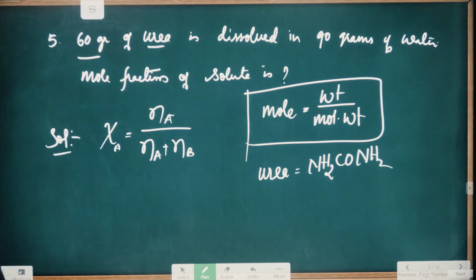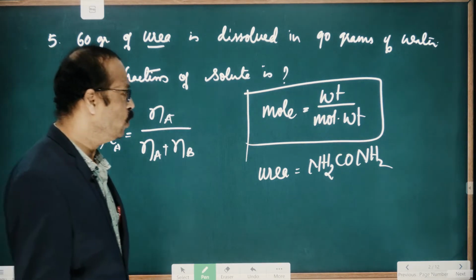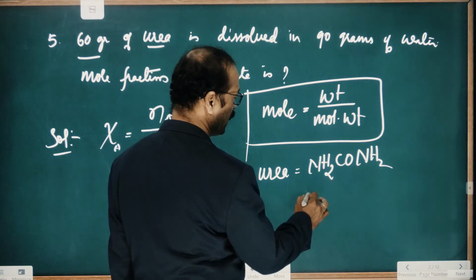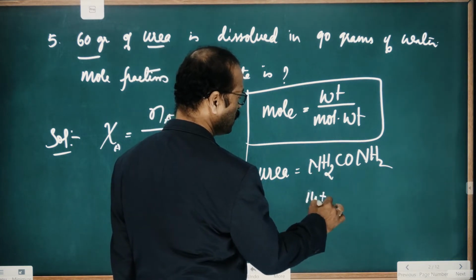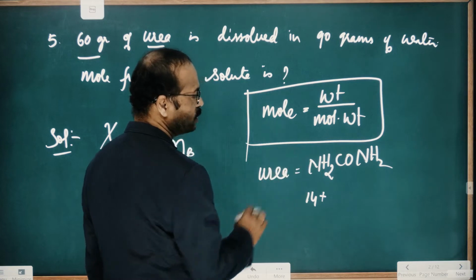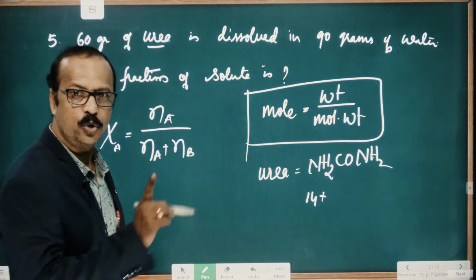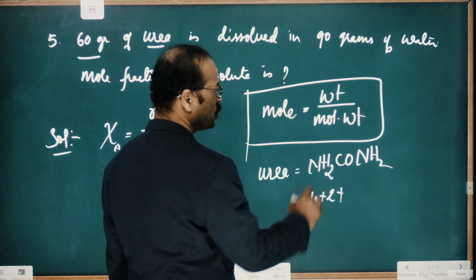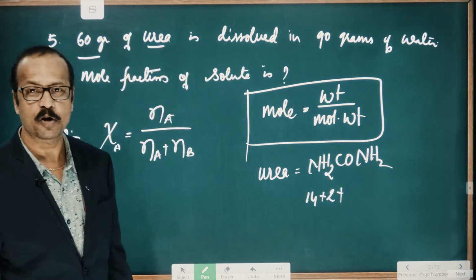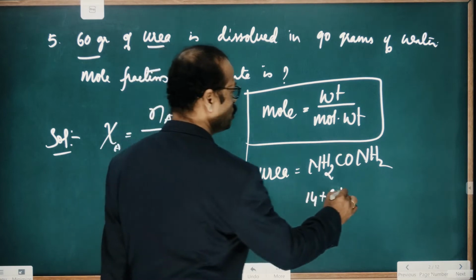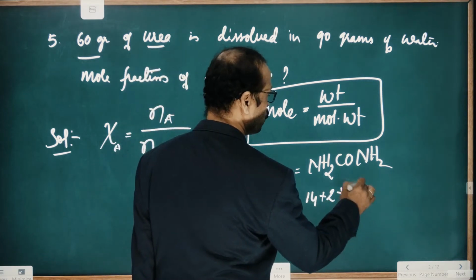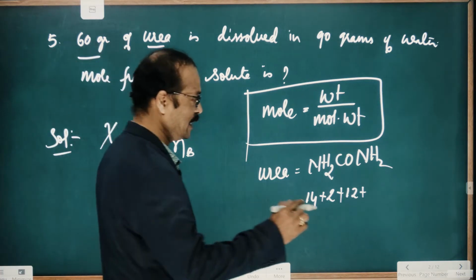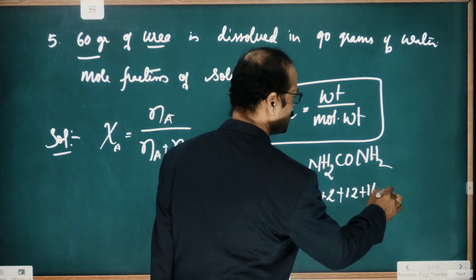Here N stands for nitrogen, atomic weight is 14, and hydrogen atomic weight is 1. 2 hydrogens are there, so 2 ones are 2, plus 1 carbon, carbon atomic weight is 12, so write 12 only, plus 1 oxygen, oxygen atomic weight is 16, so write mass number 16.